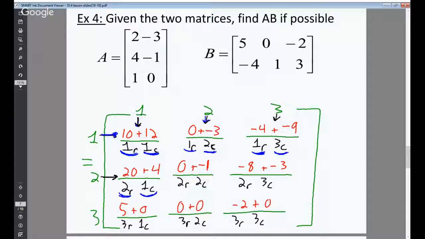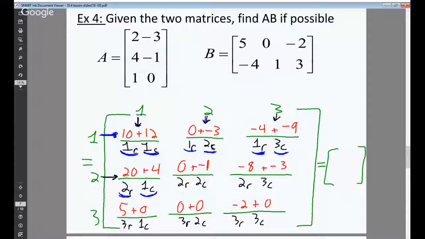All right. And then once you've taken care of that, all that's left for you to do is to actually add up all the numbers together. I'm just going to go ahead and write the numbers in the corner. For the first element, 10 plus 12 will be 22. And then you'll have -3. Then you'll have -13. I'm going to write that a little bit bigger so you guys can see it.